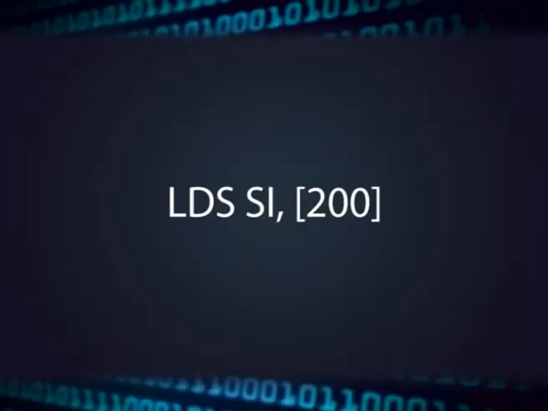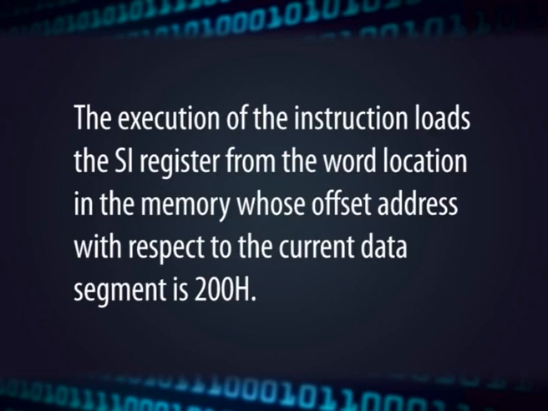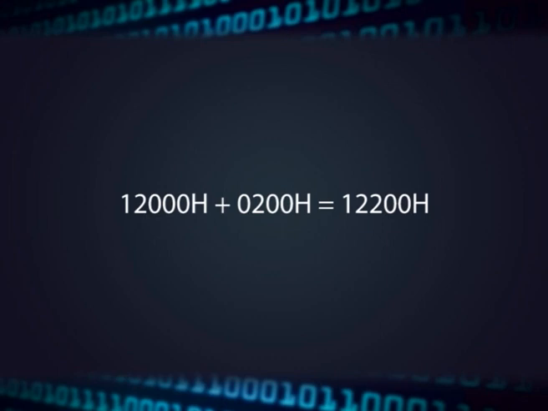For example, consider the instruction LDS SI, [200]. The execution of the instruction loads the SI register from the word location in the memory whose offset address with respect to the current data segment is 200 hex. If the contents of the data segment register are 1200 hex, then the physical address will be computed as 1200, again 0 will be appended, making it 12,000 hex, and this will be added to the 200 address.